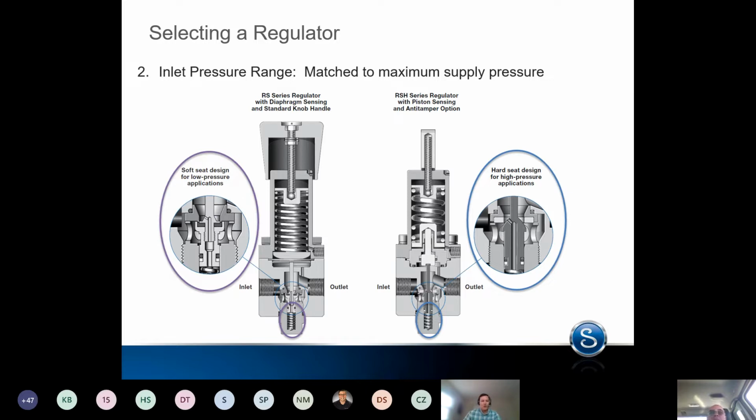Low pressure applications can use more elastomers, while a high pressure application might require a harder plastic material, like PCTFE or PEEK. And then also the poppet spring. I mentioned that before. That will change based on the inlet pressure, although it has less influence on the regulator's behavior.